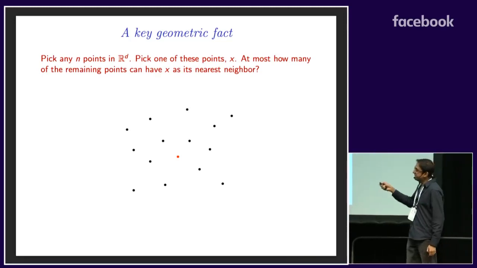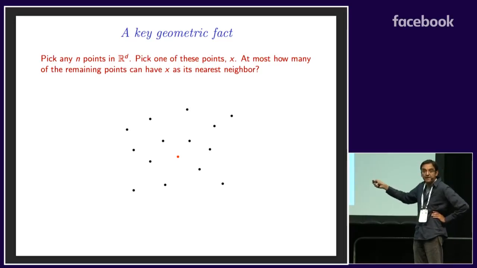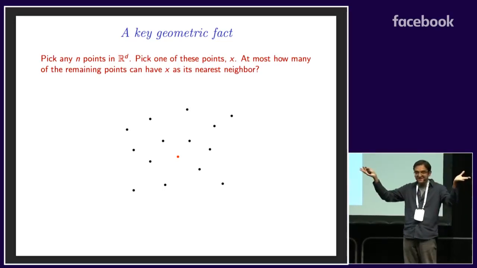Suppose you have n data points, and you choose one of them. For how many of the remaining n minus 1 points can this be the nearest neighbor? Can it be that this is the nearest neighbor of all the remaining n minus 1 points? That's the question, okay?